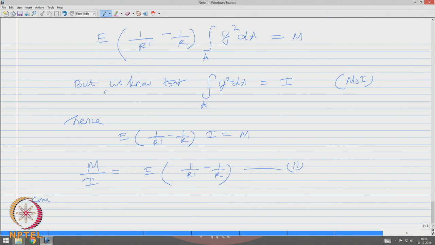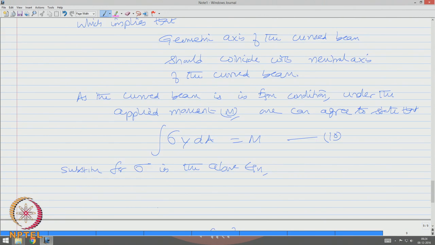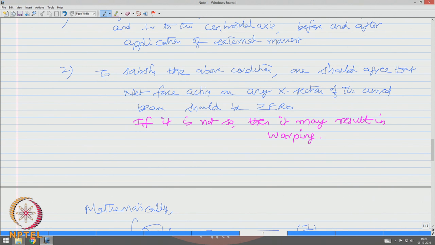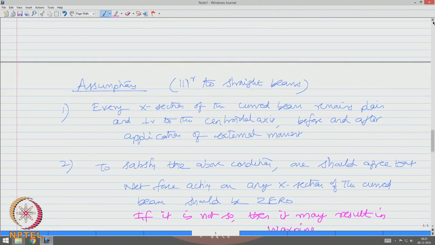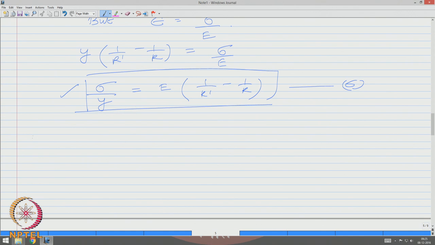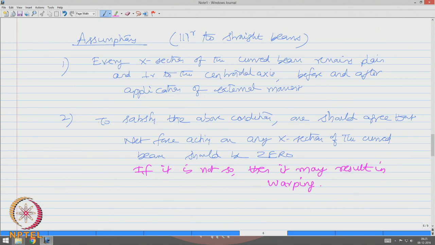If you combine this equation with equation 6, which is sigma by y is equal to this.